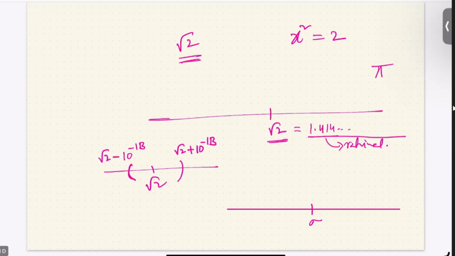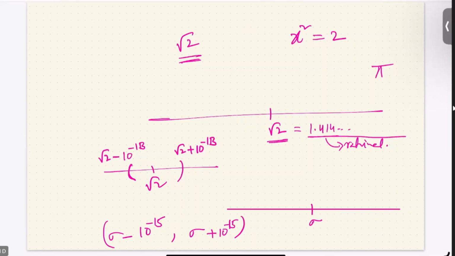It is some irrational number. I want it for at least 10 raised to minus 15 for my calculation purposes. At least 15 decimal accuracy I need, in this interval, 10 raised to minus 15.